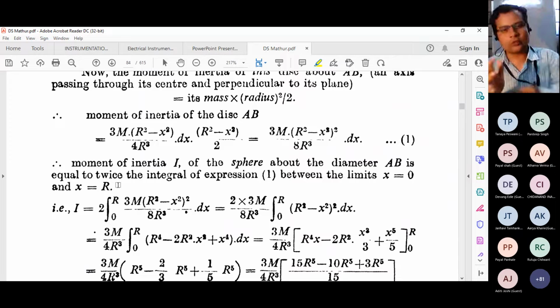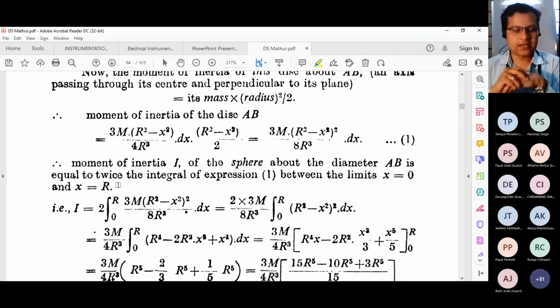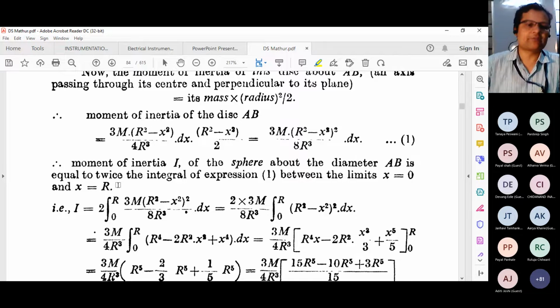We have to complete the whole spherical region, so we multiply by 2, with the limits of integration from 0 to r, integrating with respect to x. So you just solve this integration.